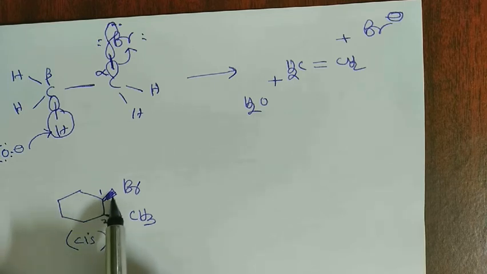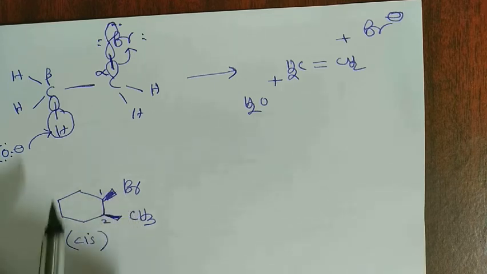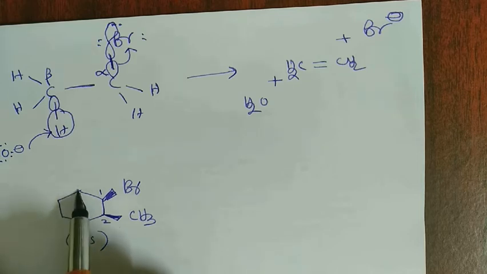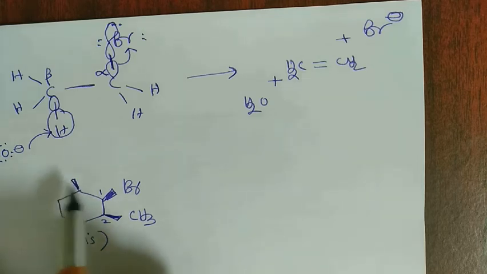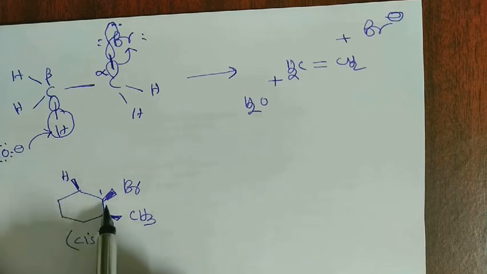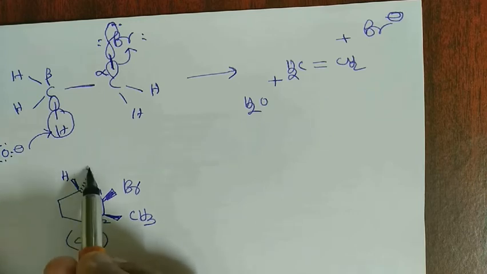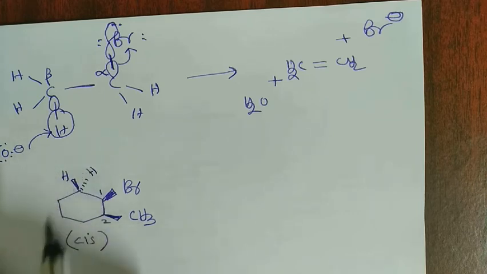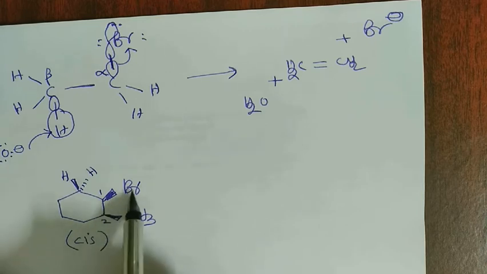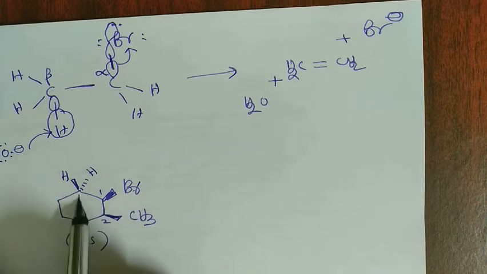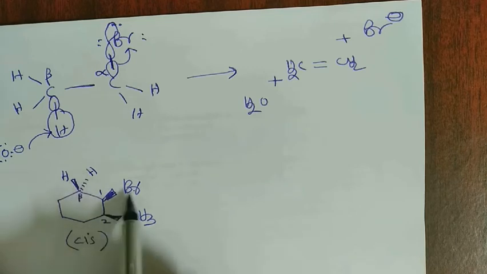So bromine is pointing towards the observer. On this carbon atom, one hydrogen atom is pointing towards the observer and one hydrogen atom is pointing away from the observer. This bromine and beta hydrogen atom are trans with respect to each other.